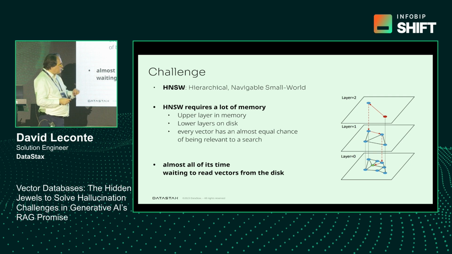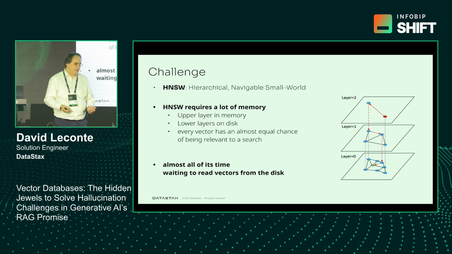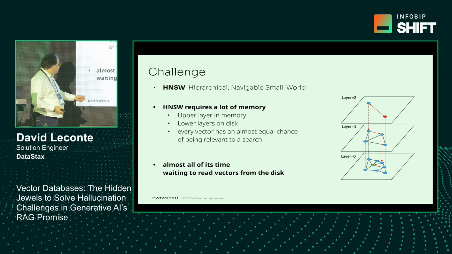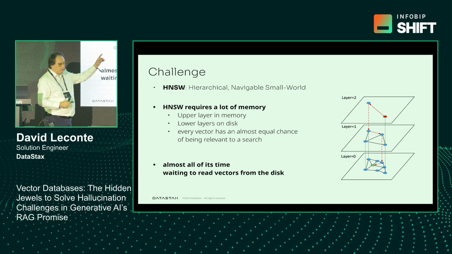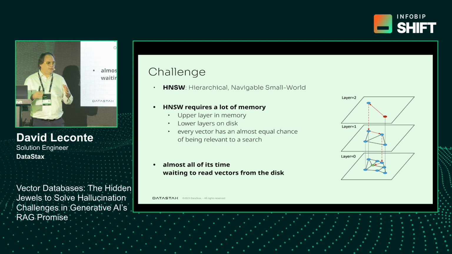But as you can see on the slide, layer 0 is the one which has the most context. The issue is that most of the time, the database is waiting for the vector to be read from the disk and not from the memory. And because you are reading from the memory, you don't have all the context required to provide good context to the LLM. Hence, you have a bad accuracy.